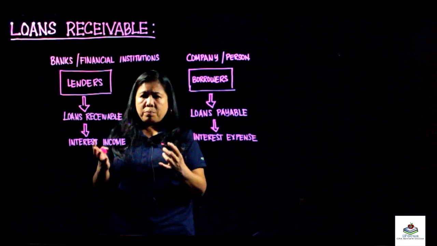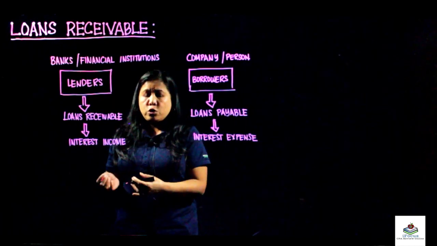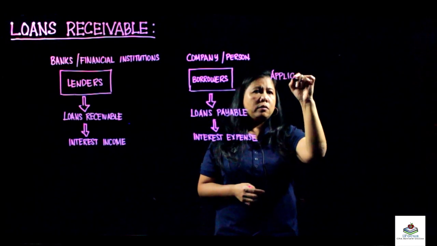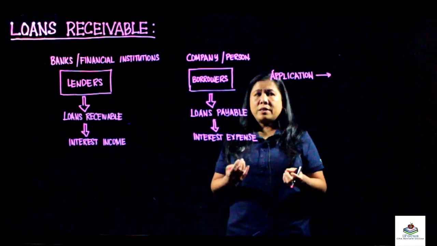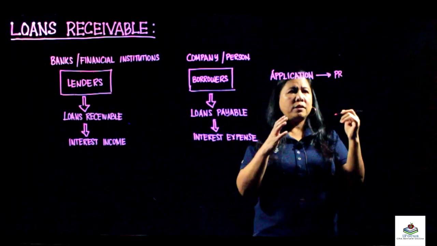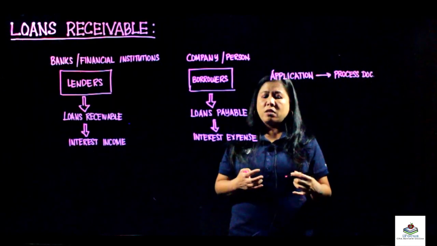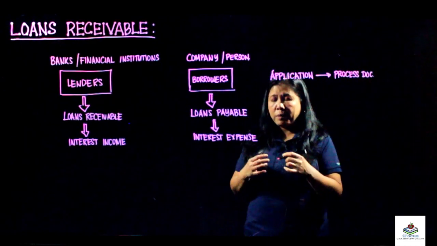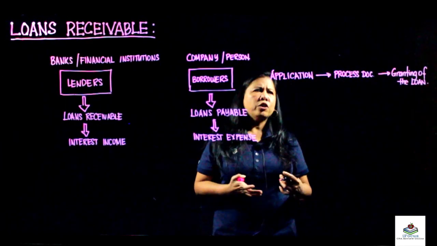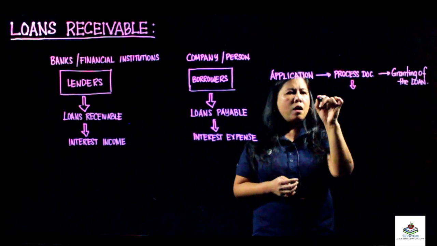This loans receivable starts when a borrower applies for a loan to the bank or to the lender. It starts with an application. When the lender receives the application of the borrower, the lender will process these documents. Then after processing these documents, it will be the granting of the loan.